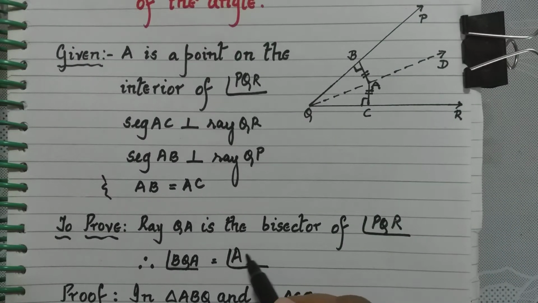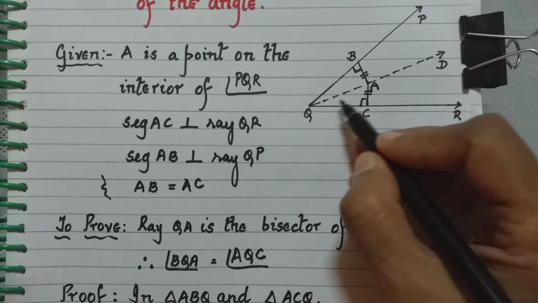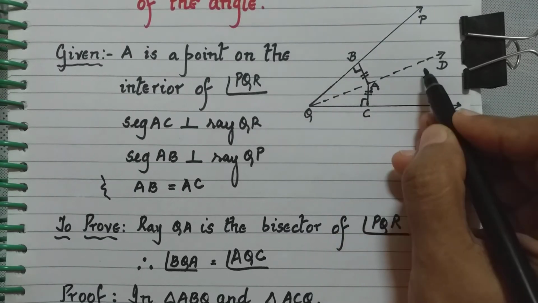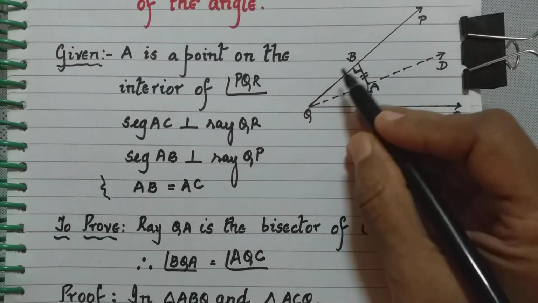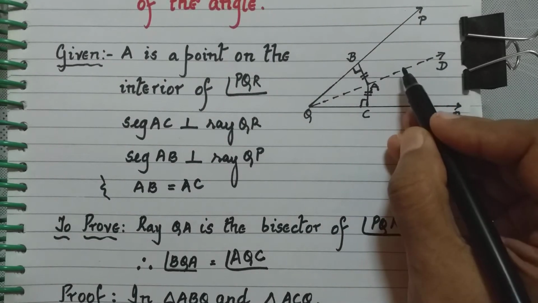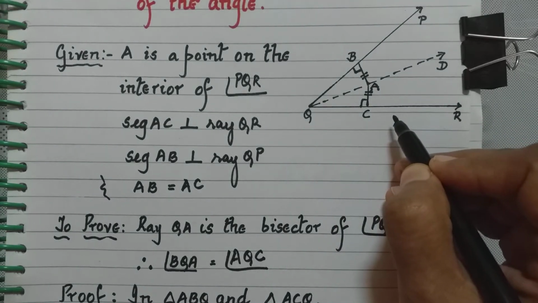It should be equal to angle AQC. If QA is the bisector, that is, it is dividing this angle PQR into two equal parts, then angle BQA should be equal to angle AQC.